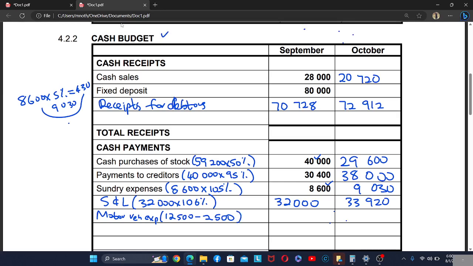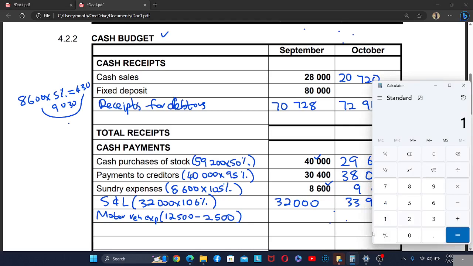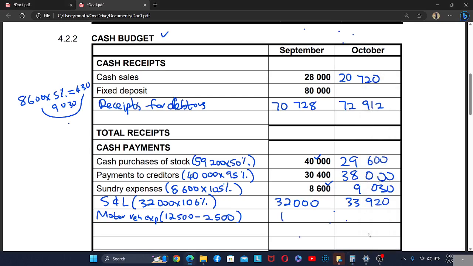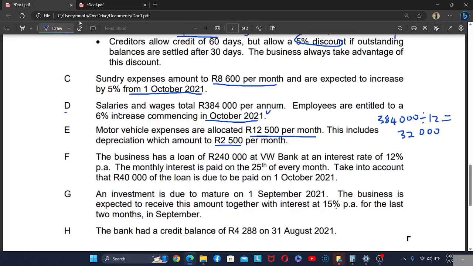So 12.5 minus 2.5 is going to be 10,000. So the motor vehicles expenses are 10,000 per month. And then we are moving now to the next one.